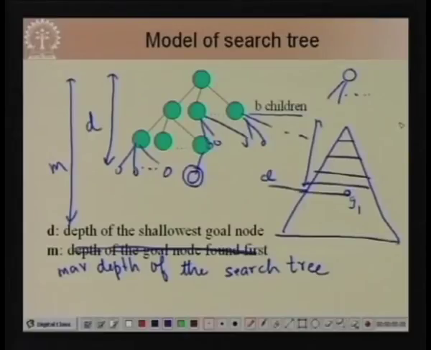Therefore, the number of nodes expanded by breadth first search is equal to order of b to the power d.